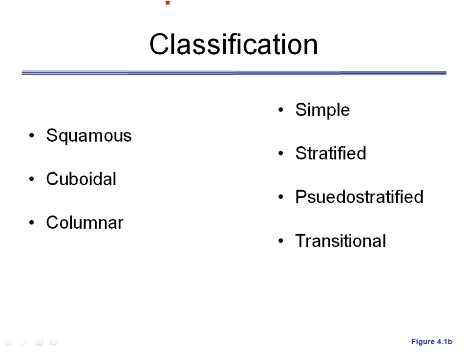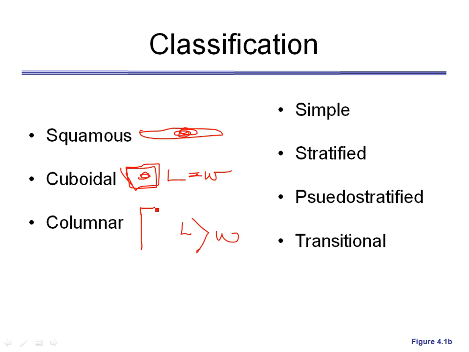In epithelial tissue, you have, again, 3 shapes, 4 arrangements. If a cell in profile is flat, we call it squamous. If a cell in profile's length equals its width, we call that cuboidal. If a cell is longer than it is wide, so it's kind of tall, that's columnar.